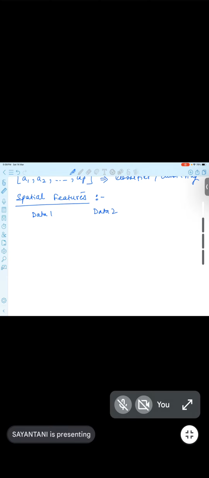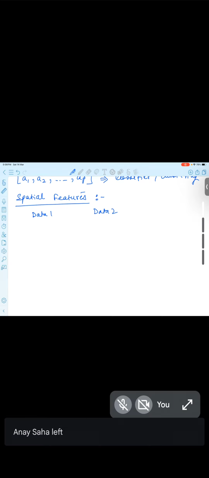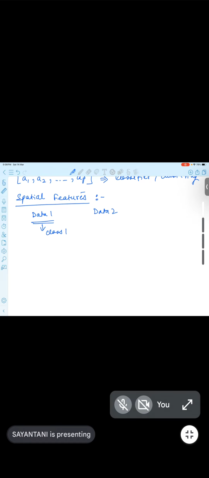Spatial features work on the concept of variance. If data 1 belongs to class 1, its variance is very high compared to data 2. So when both are provided to the classifier, it understands that the variance is high for data 1, that means it belongs to class 1. This is the basic philosophy.